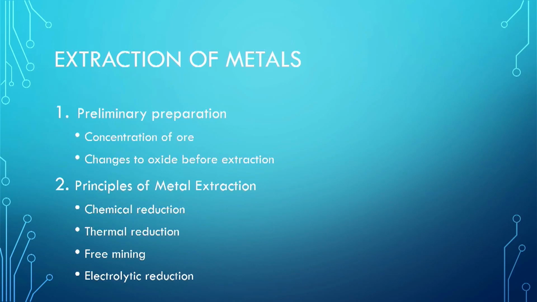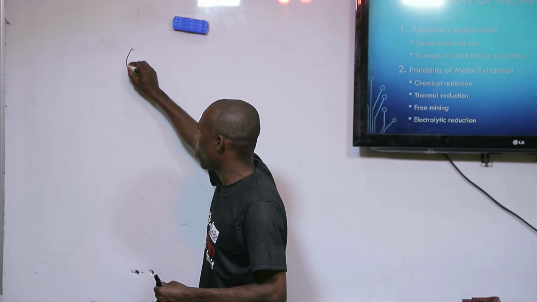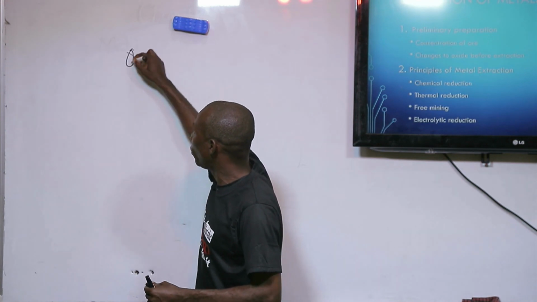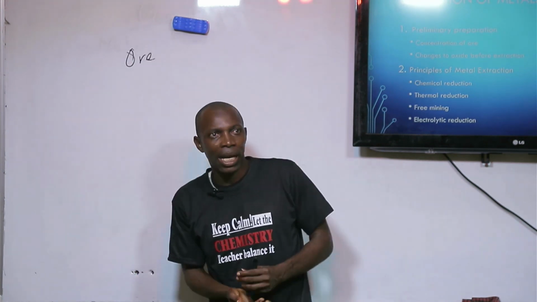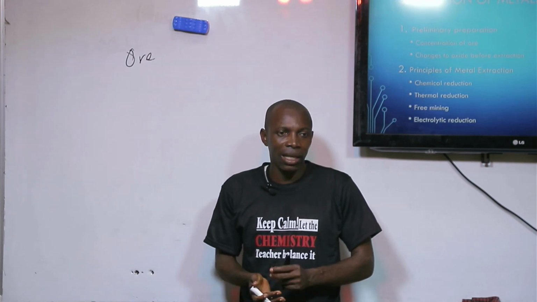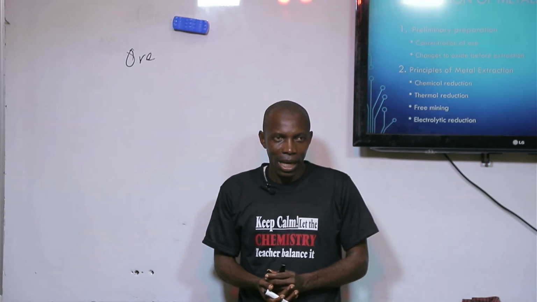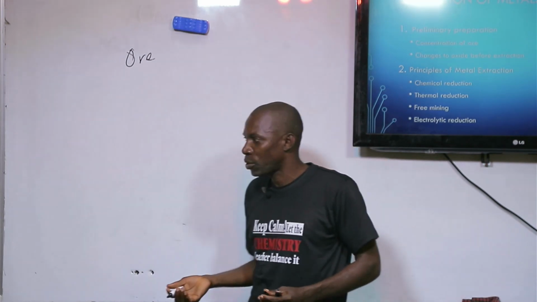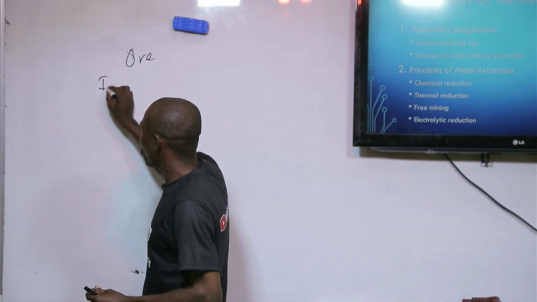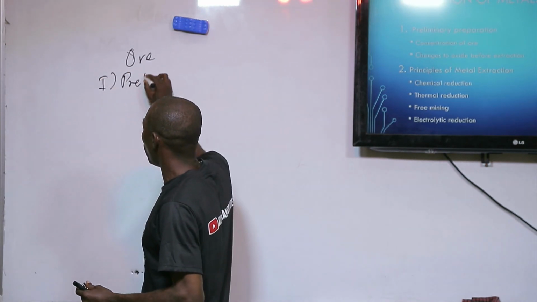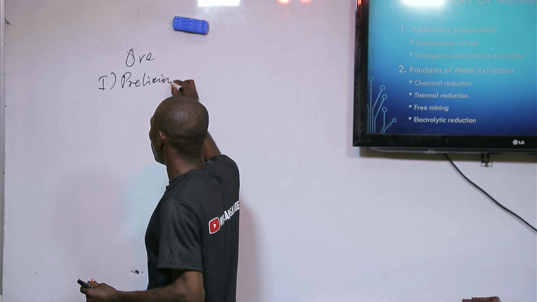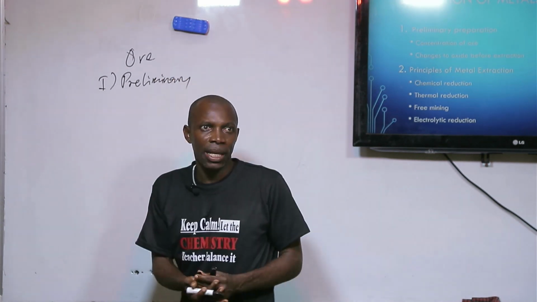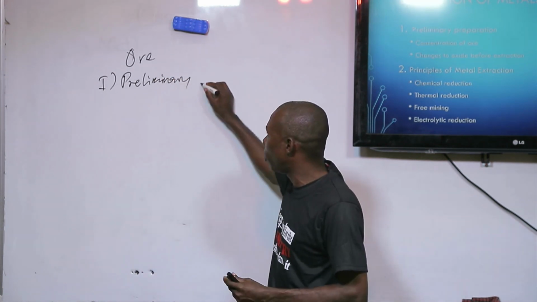When we are talking about extraction, most times metals occur in the crude form, which is called what? Ores. So for it to be purified to get the pure metal, it has to be what? Extracted. And in the extraction of metal, sometimes we have some preliminary what? Concepts, or some preliminary what? Process, or some preliminary what? Preparation.